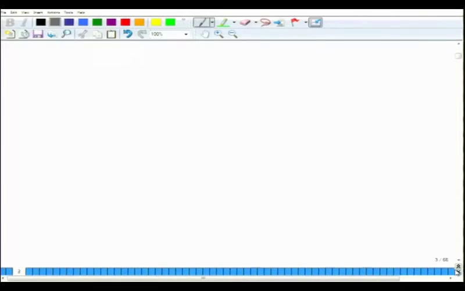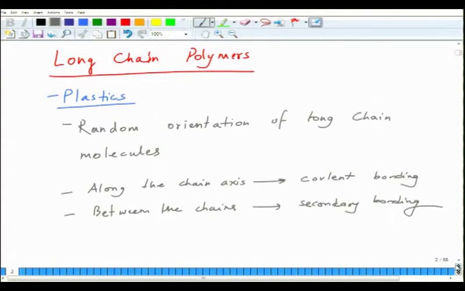The second category is called fibers. Fibers are basically aligned chains. In the previous case, the chains would be like this.